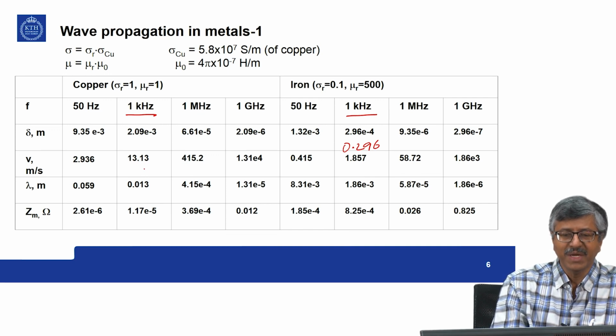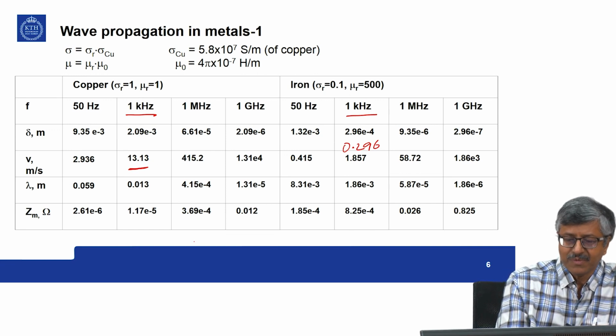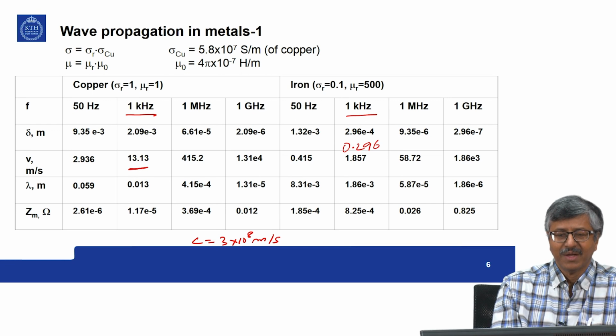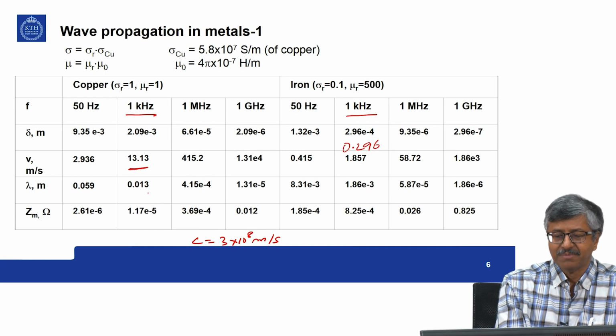And what is the speed in air? This versus 3 into 10 to the power of 8 meters per second. Therefore, lambda is extremely small, 0.013 meters.